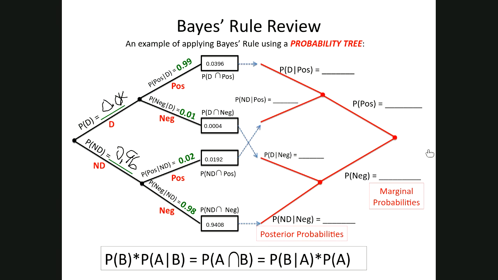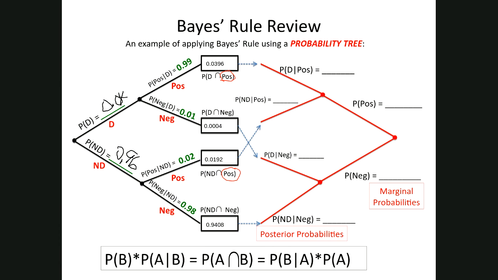All right, so now let's figure out, and we're going to work this tree from the outside in. The first thing that we want to calculate, like we did before, is the probability that a test will be positive. As we said before, there's two situations when this occurs. That's this situation where there's a positive result here, and this situation where there's a positive result there. And notice these arrows.